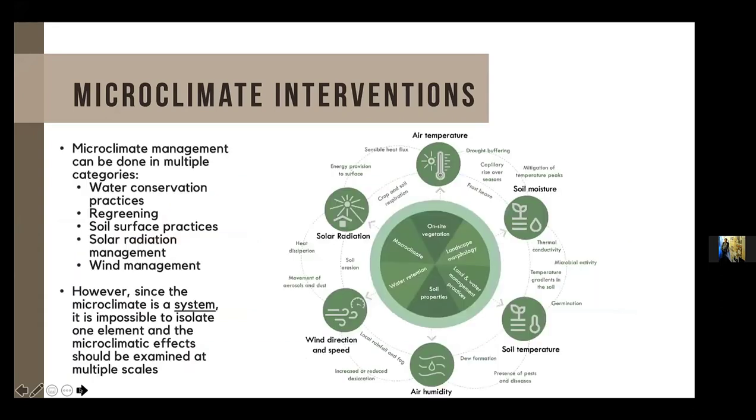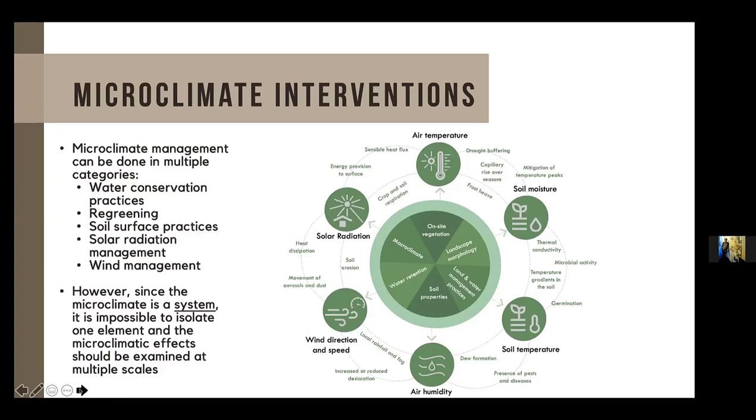Yeah, next slide. So here we see that schematic again, prepared by Madiha, which really captures everything together. For the rest of the session, we'll look at 19 different land and water management practices, and we'll discuss how they influence the microclimate. We'll bring all of this together into what we're calling a toolkit for microclimate management.